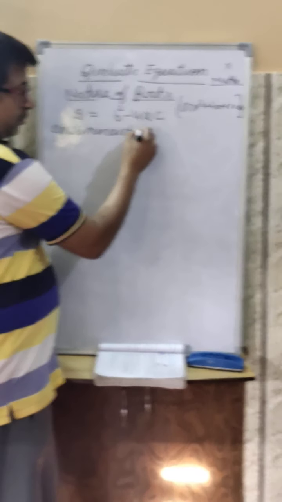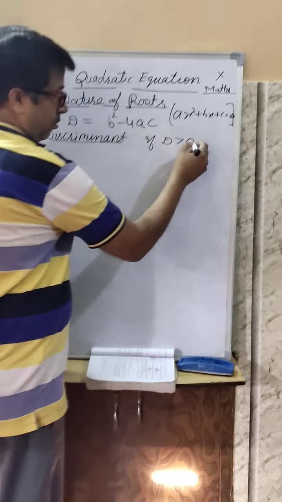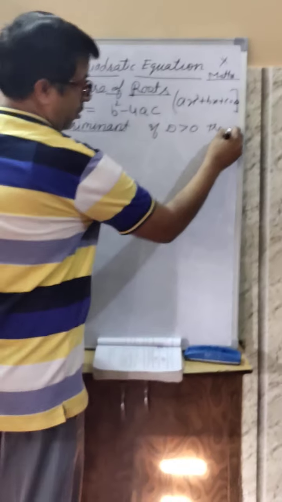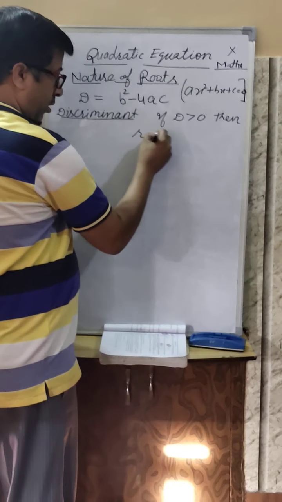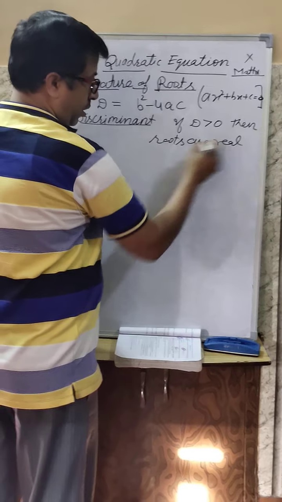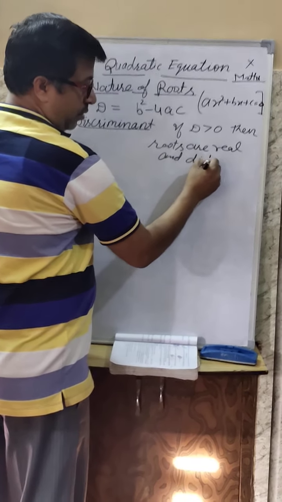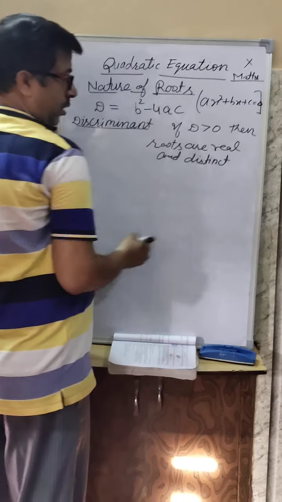So if D is greater than 0, then roots are real and distinct. Hear this.